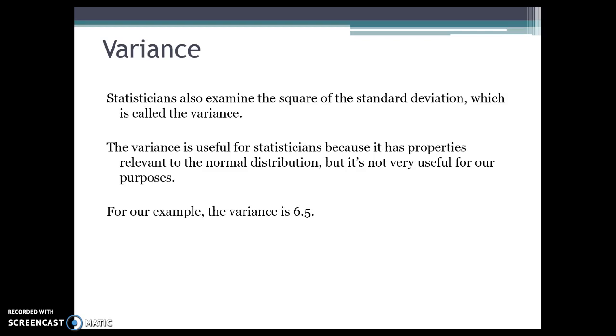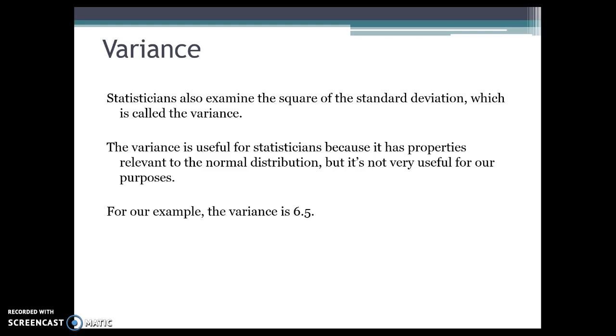The variance is important for statisticians because it has properties related to the normal distribution. But it's really not all that useful for us. We like the standard deviation because it's in the same units as the data. If we talk about the typical squared distance, if your data is in miles, we're talking about miles squared.